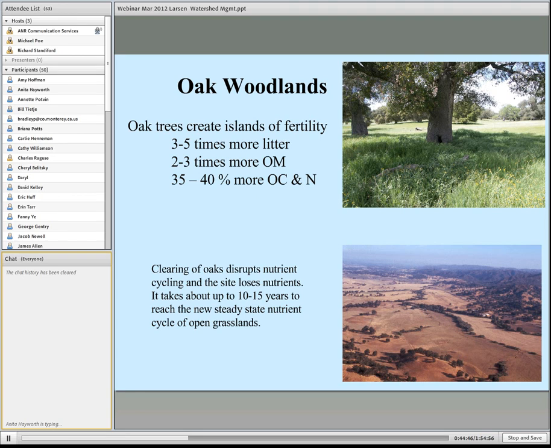So if we remove these trees, not only are we going to open it up for the potential of erosion, but we also open it up for the leaching of these nutrients. And it can take as much as 10 to 15 years, if you completely cleared a watershed of oak trees, for it to reach a new steady state of that cycling of nutrients that goes on.